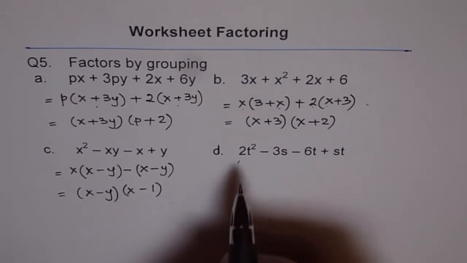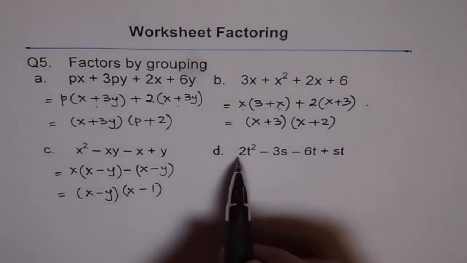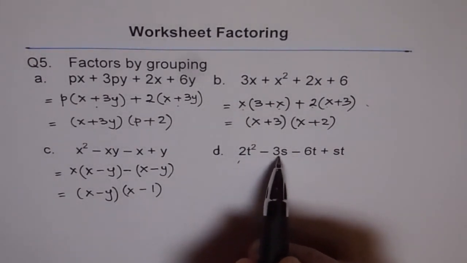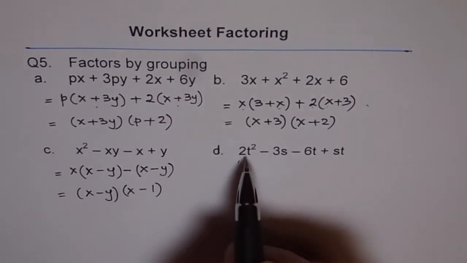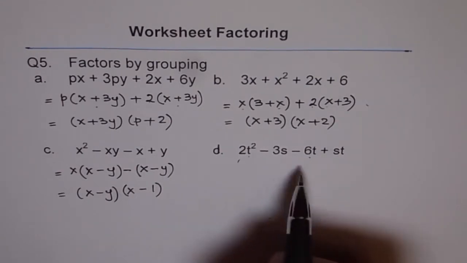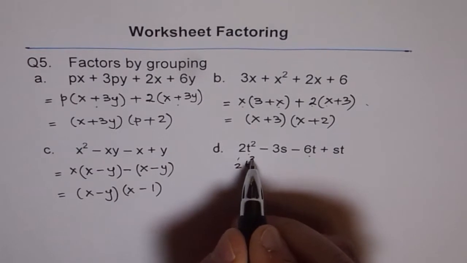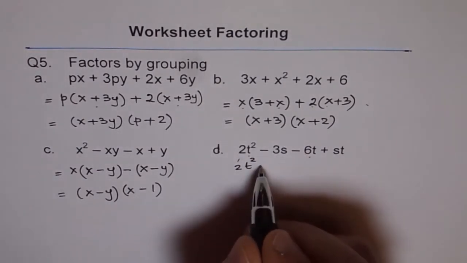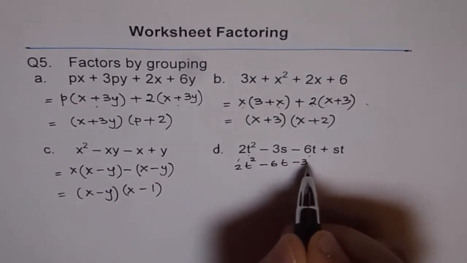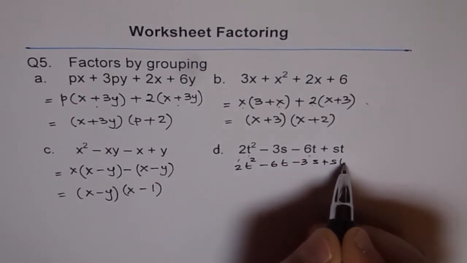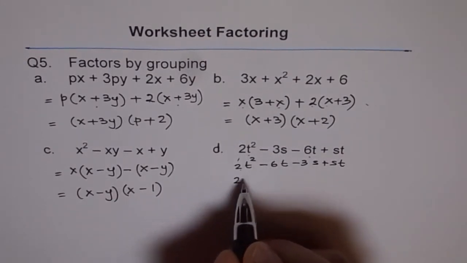Okay. Now let's look into the last one. It is 2t squared − 3s − 6t + st. Now we got t's in these, so let's rearrange them first. Rearranging will help these kinds of factoring. So we'll bring 6t here, minus 6t that is, and −3s + st. Now, what is common between these two? 2t is common.